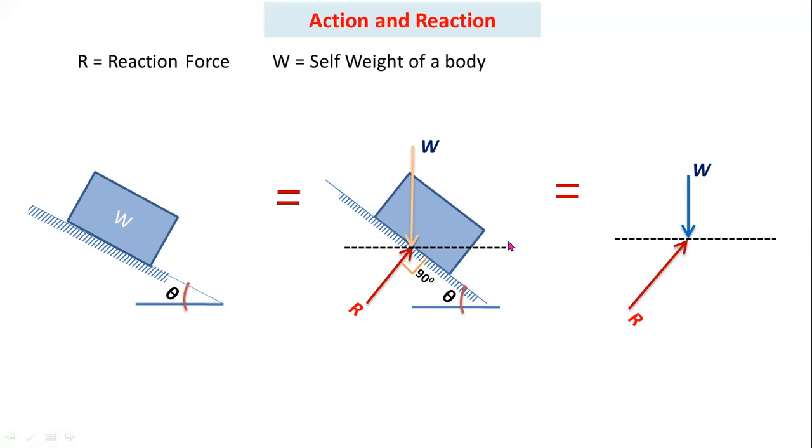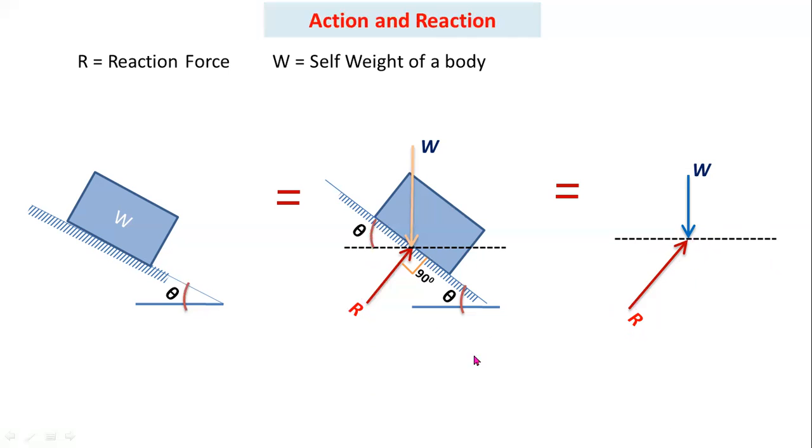I want to determine the angle of inclination of the reaction force with respect to this horizontal line. Here I consider this is the x-axis, this is the y-axis, and I want to determine the angle of this reaction force with respect to the x-axis or y-axis.